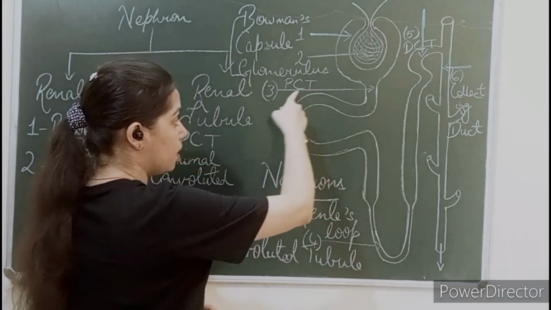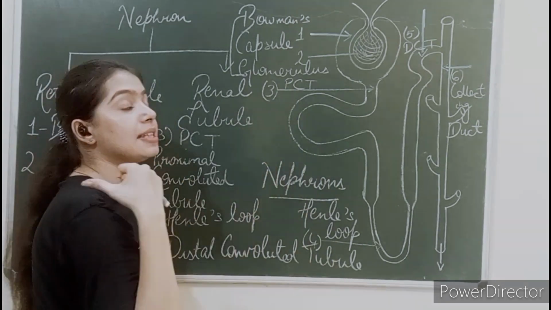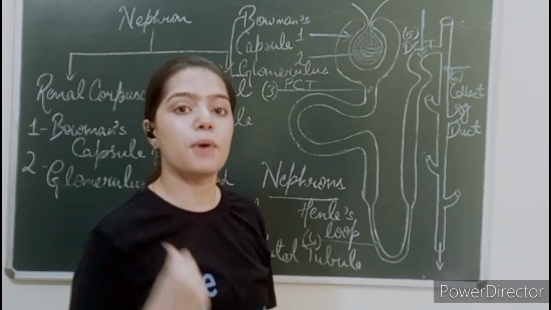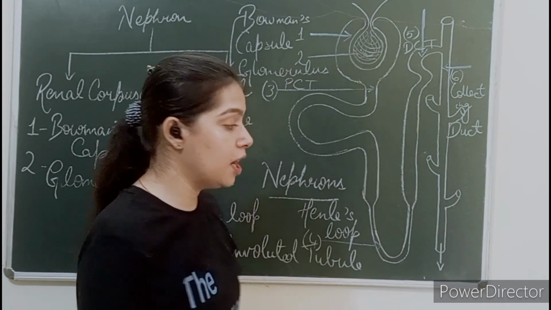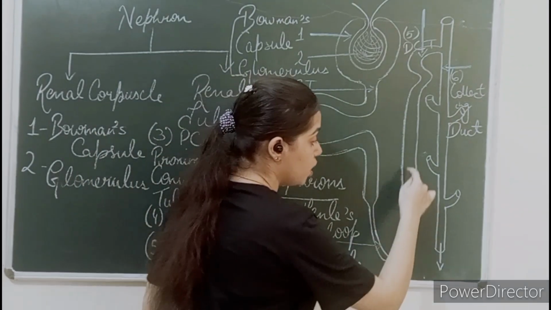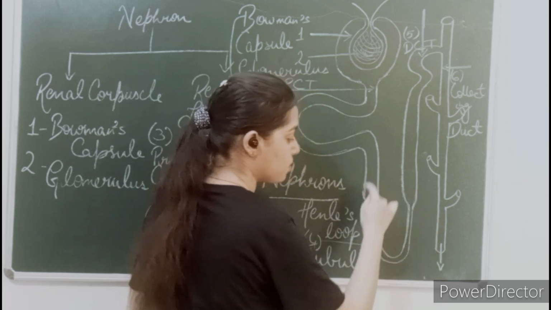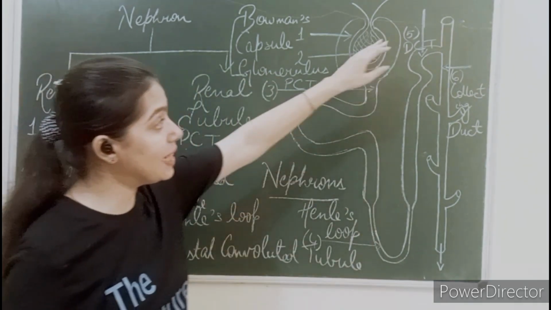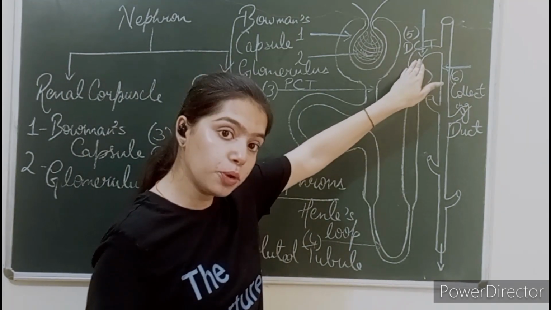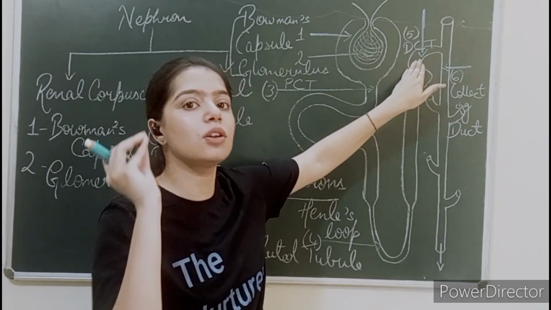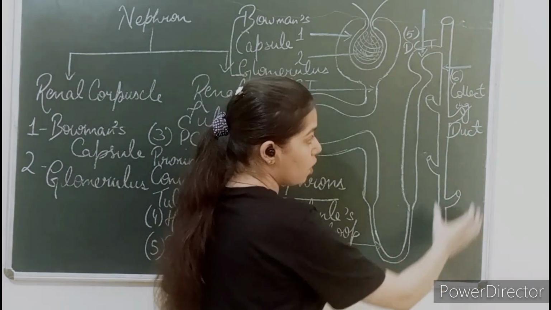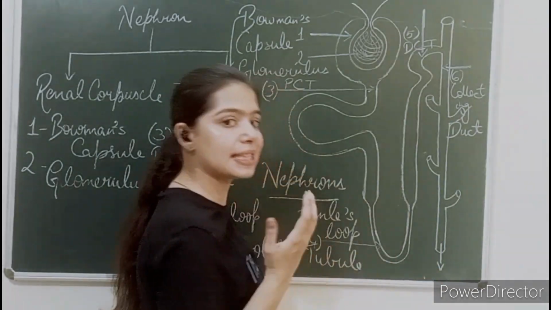The third part is called PCT, since it is the starting part of this coiled tube, the proximal convoluted tubule. Then we have the U-shaped structure, which we call Henle's loop, followed by the last part of this convoluted tubule, the distal convoluted tubule. And the last, we have an end structure called the collecting duct, where urine is collected.